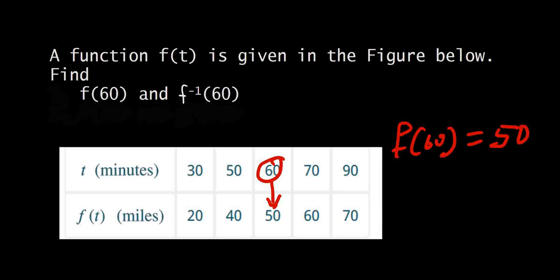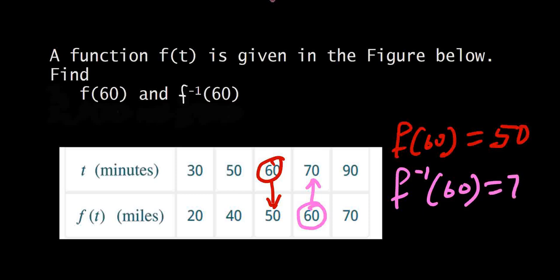Also, solving for the inverse function, the input value is this, and the output value is 70. So the inverse function of f of 60 is equal to 70. So this is the answer to this question. I hope it makes some sense.